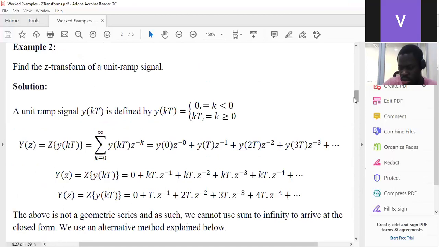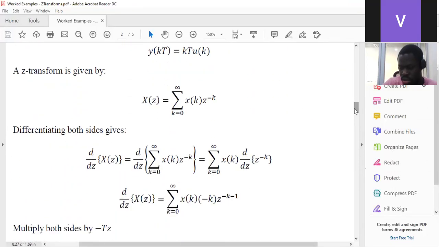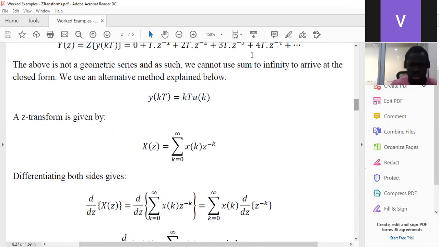Then let me answer the question of why we are differentiating. Look at the definition of a unit ramp. A unit ramp is kt multiplied by a unit step. U of k is the unit step we started with.